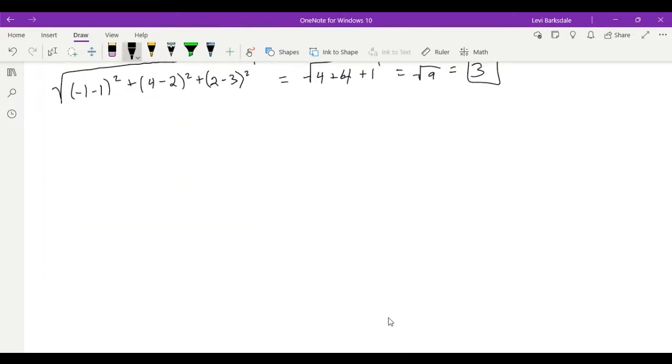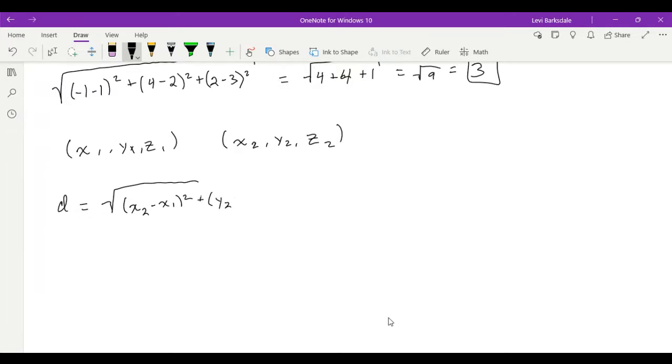For a more formal formula, if we have 2 points x1, y1, z1, and x2, y2, and z2, then we can say that the distance between them is equal to the square root of x2 minus x1 squared plus y2 minus y1 squared plus z2 minus z1 squared.